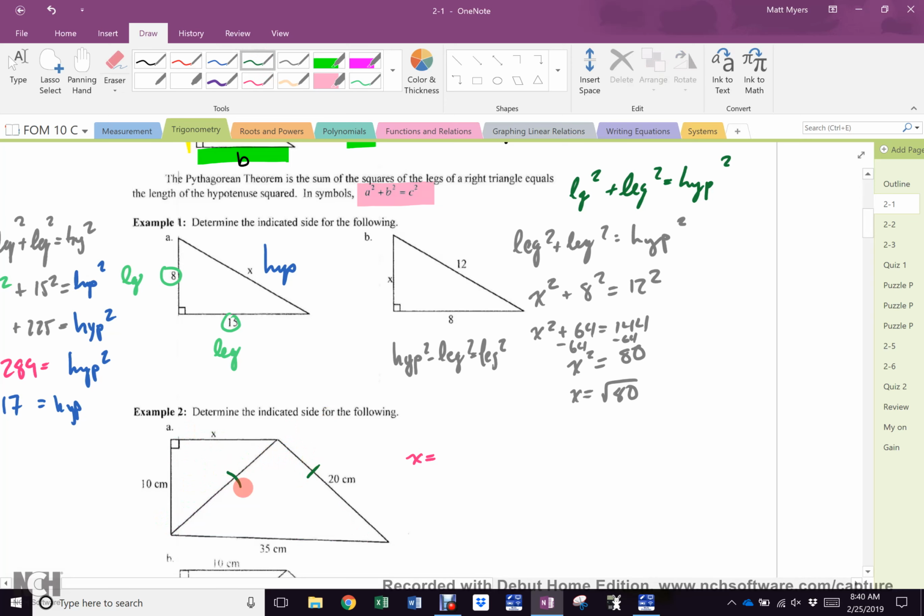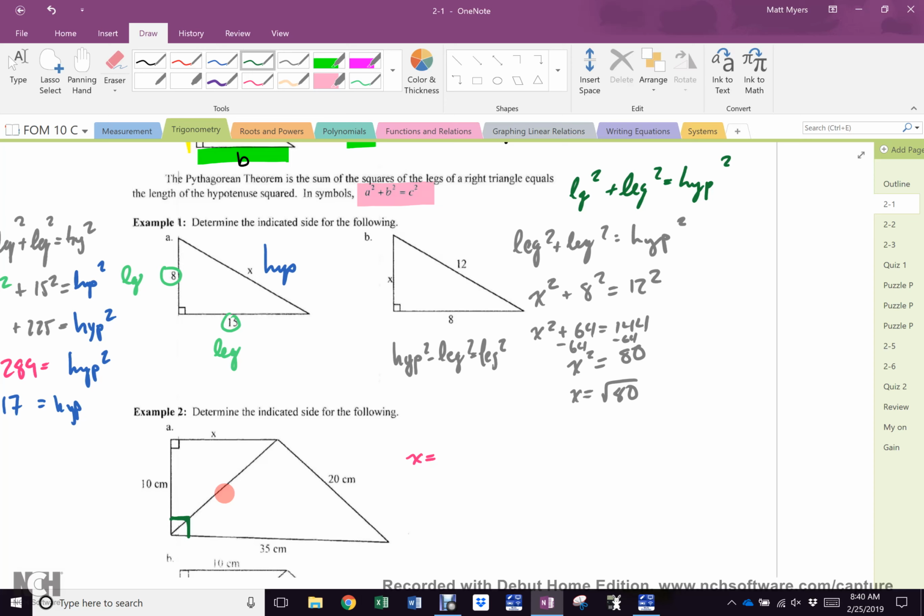Okay. What if I put those in there? Could you find X? Yes, because how long would this side be now? 20. Excellent. What if I told you this all the way down was 90 degrees? How would that help you? Could it help you?